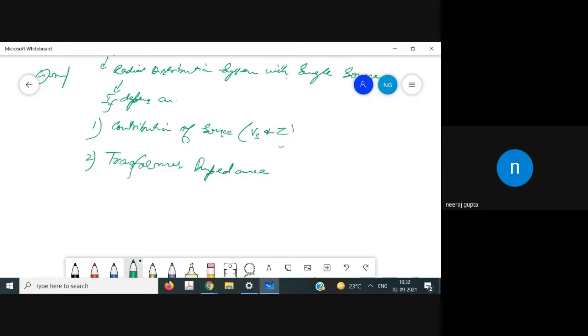Then you have the motor contribution, that is, the back EMF and impedance of induction and synchronous motors.